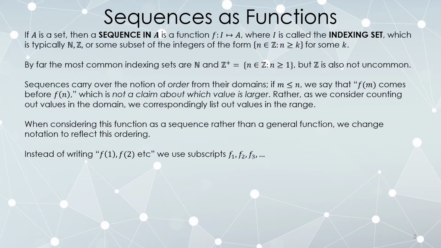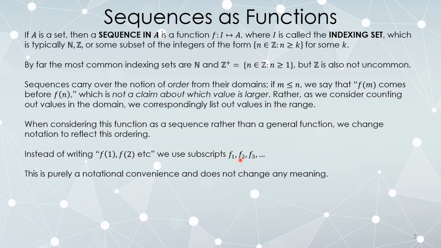But it's really the same idea. You are plugging in a specific element of the indexing set, for example positive integers 1, 2, 3, and you're getting out f of 1, f of 2, f of 3, and listing them. This is just a notational convenience. There's really no difference between writing out this and writing out this. Subscript notation for sequences is more common, but I wouldn't say it's universal. It's really not uncommon to see this sort of notation for sequences.